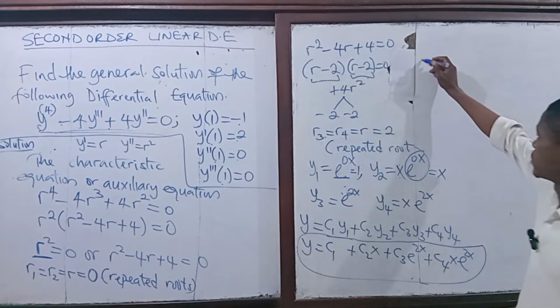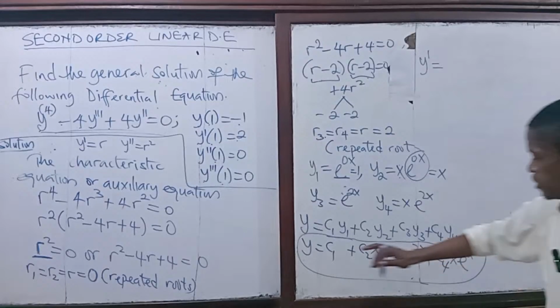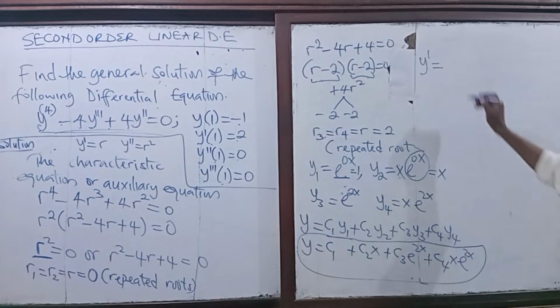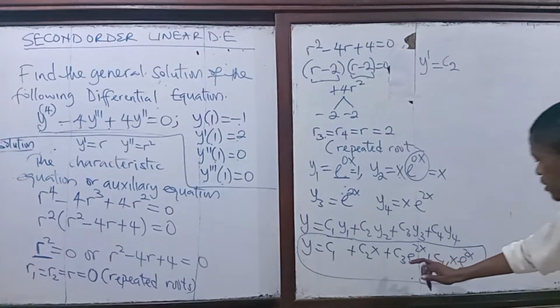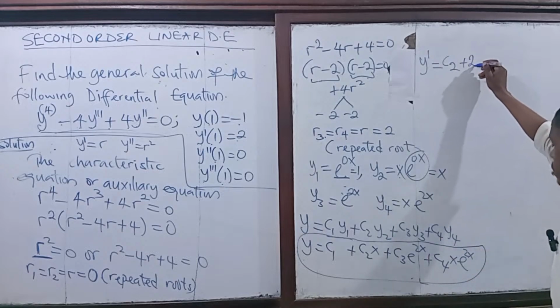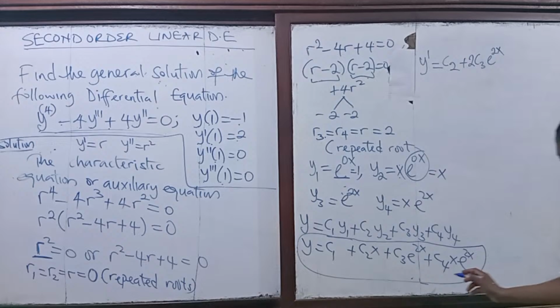We need to get the first differential. If you differentiate this one, it is a constant, so that one is gone. We have C2. Differentiate this one, that will be 2 times C3 e to power 2x. And then this one will be a product rule.